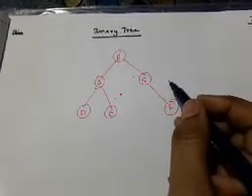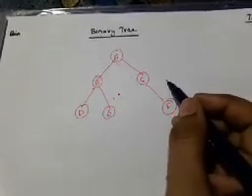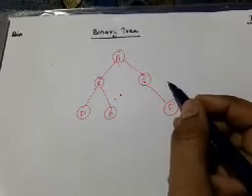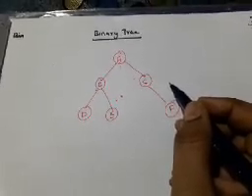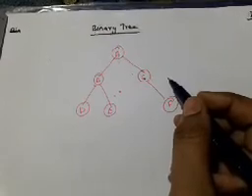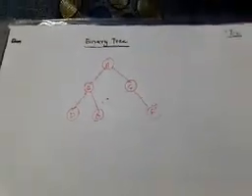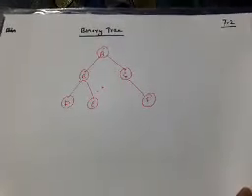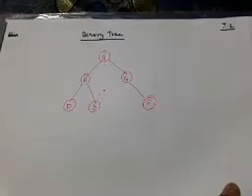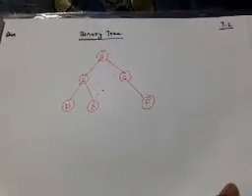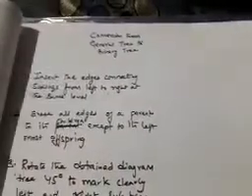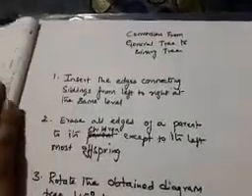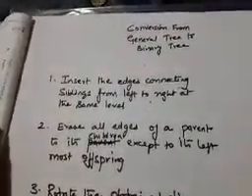Binary tree is important in data structures because it is easier to implement binary tree than general tree. So since binary tree is easier to implement in a system, we usually need to convert a general tree into a binary tree. So we'll try to see how to convert a general tree into binary tree.